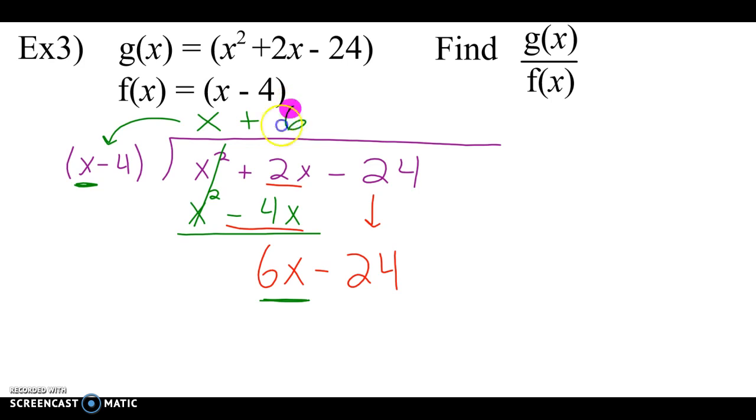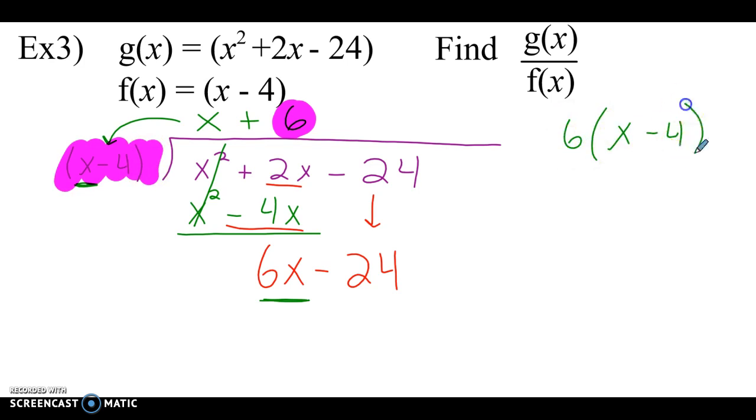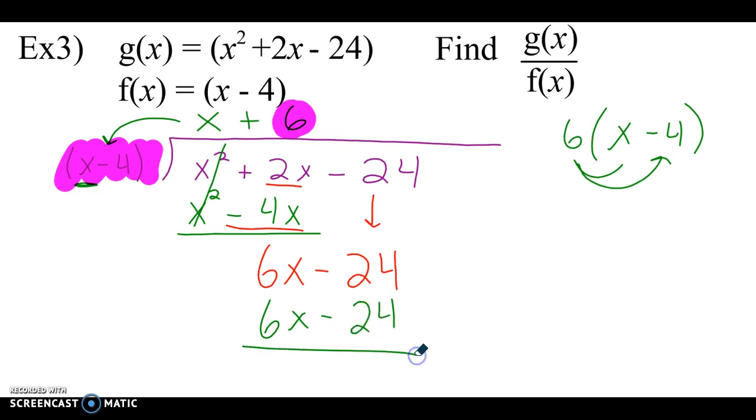And then this 6 gets multiplied by x minus 4. So once again, 6 times x minus 4 is 6x minus 24. That's it.